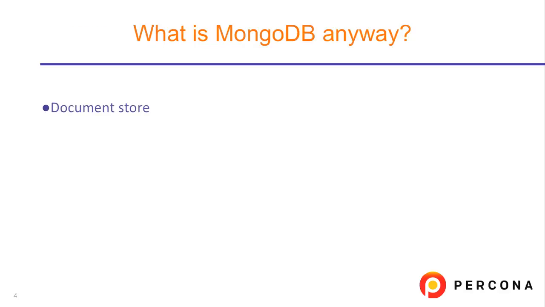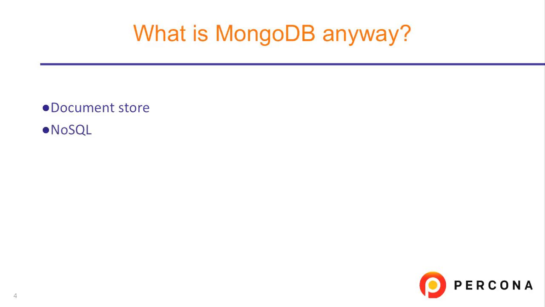So what is MongoDB anyway? When we talk about MongoDB, we usually say, okay, this is a document store. This is quite different from MySQL. But now if you've been at the last 2 days of talks, or you heard about MySQL 5.7.12, it actually has a document store in it. So it actually has the ability to communicate with the MySQL tables as if it's a document store.